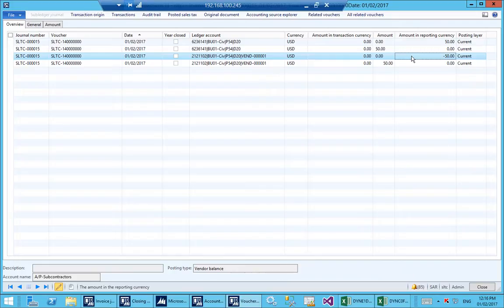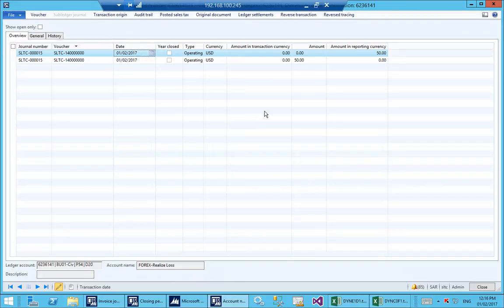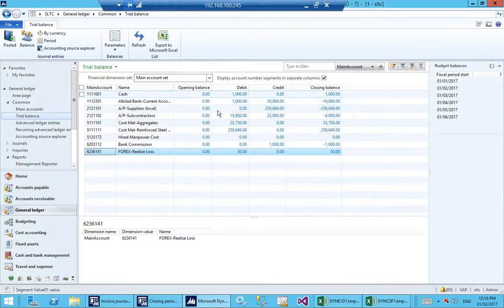This is minus 50 and this is debit 50. In the transaction currency, everything is 0. Let's see the trial balance. The trial balance shows debit by 50, only 50. That is correct.